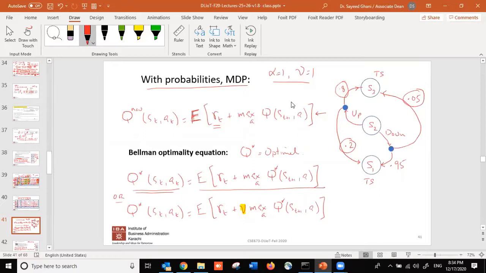In other words, if you know the optimal values in the subsequent states, the adjacent states, and you take the maximum of those plus the movement reward, then this will be the maximum, the best that you can do in this particular state.